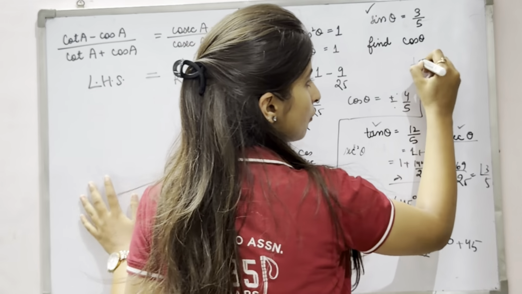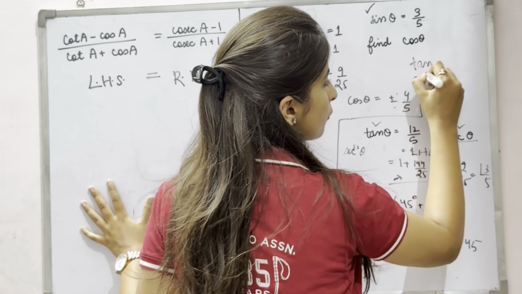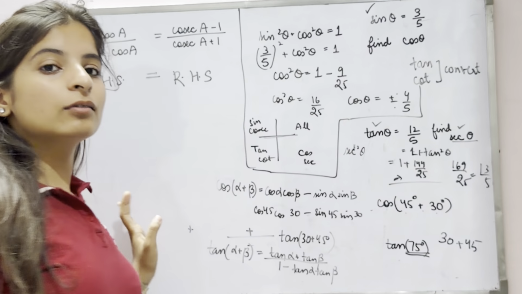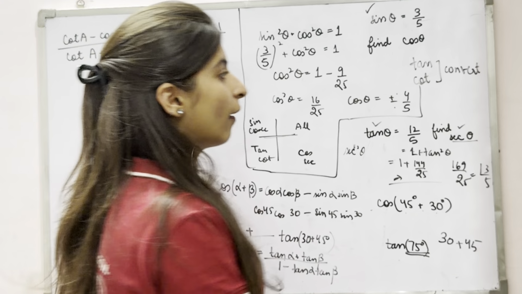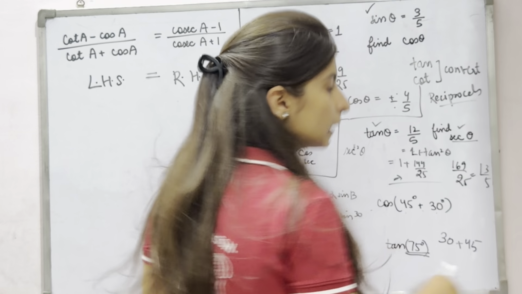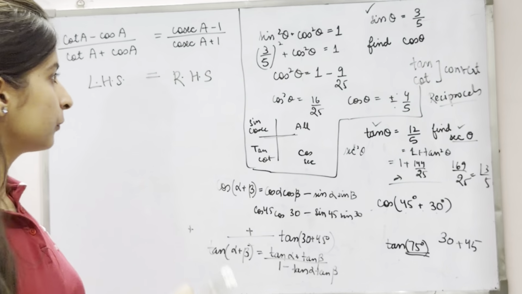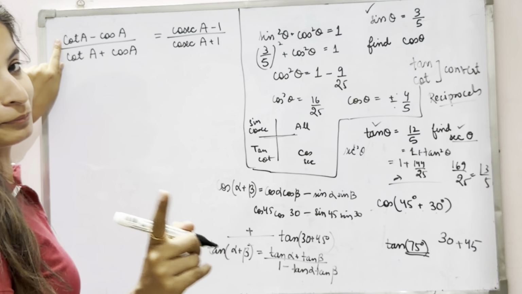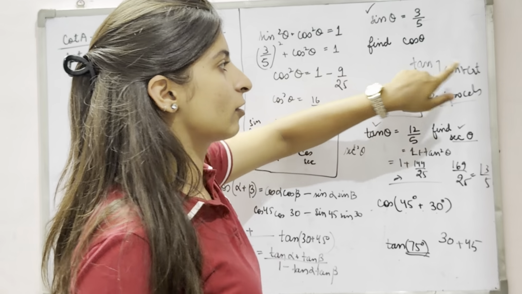After their conversions, you have to find the reciprocals if there are any. Convert them and then follow. For this question, let's see cot and what's the first step? Tan and cot. Just convert.